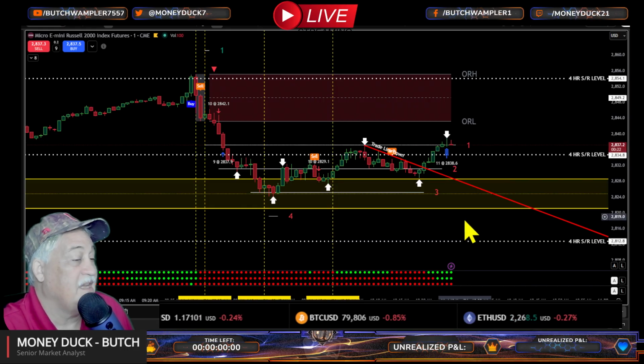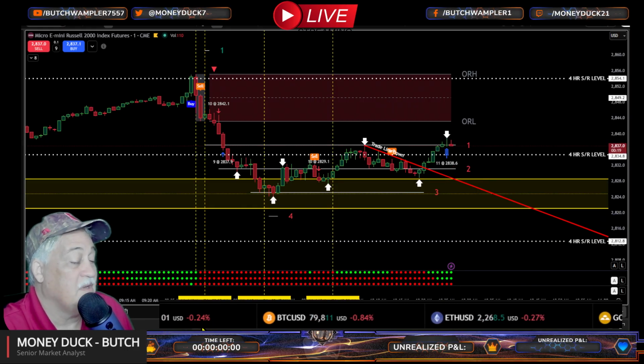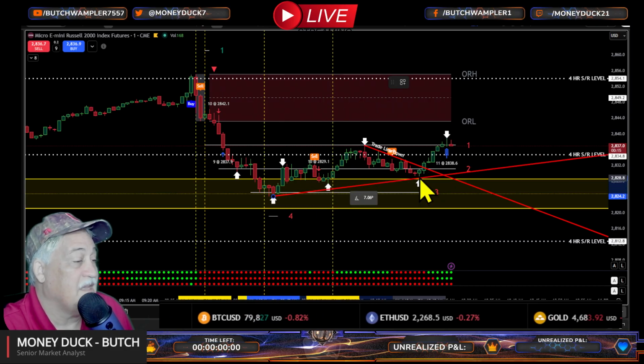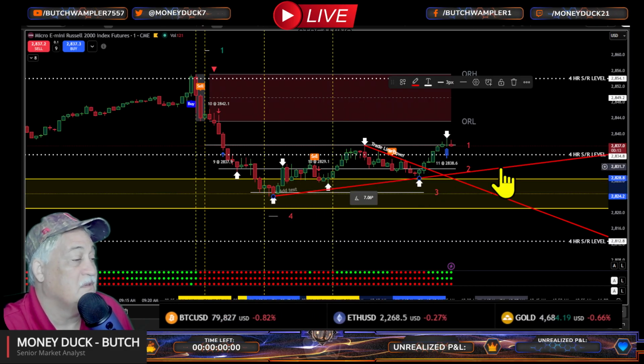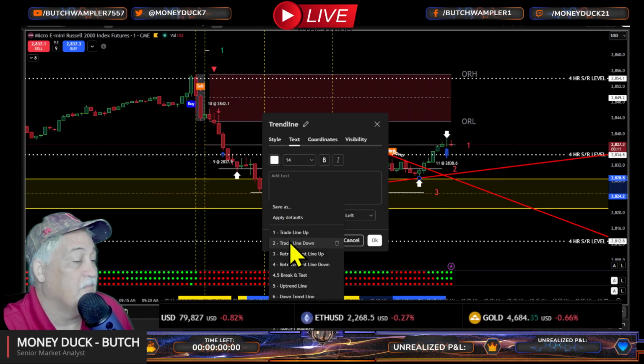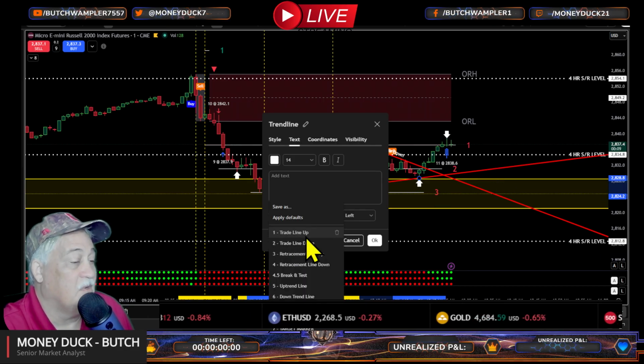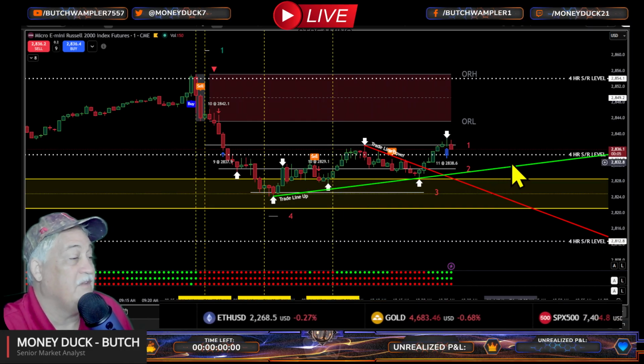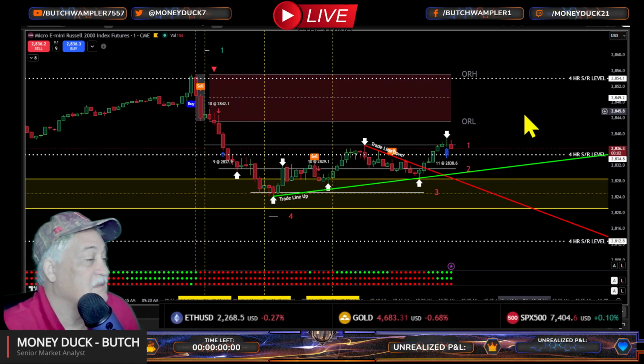So we might be seeing a buy turnaround. So I definitely want to draw this back across like these two lows. And I'm going to go ahead and just mark this as a trade line up. That's a potential trade line up if it pulls back and bounces and we get a buy.